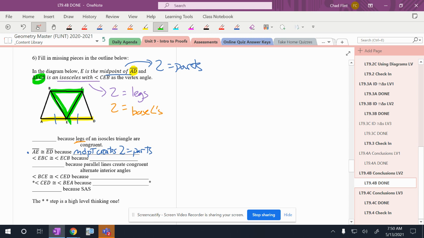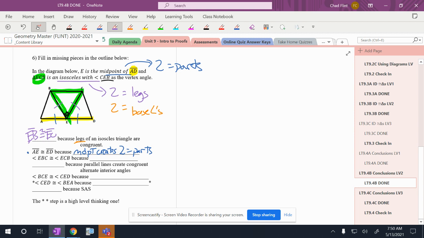There's my isosceles triangle, CEB as the vertex angle, which is up here. So that means the base angles are down at the bottom, actually, and the legs are connecting to that vertex angle. So the legs are right there. So I have EB congruent to EC. There's my legs.